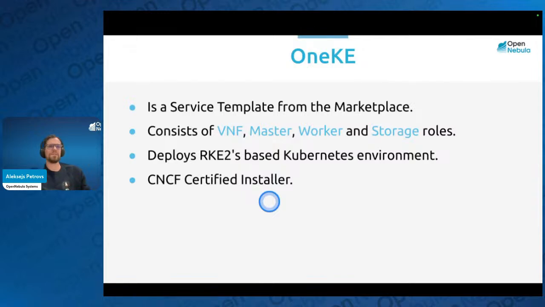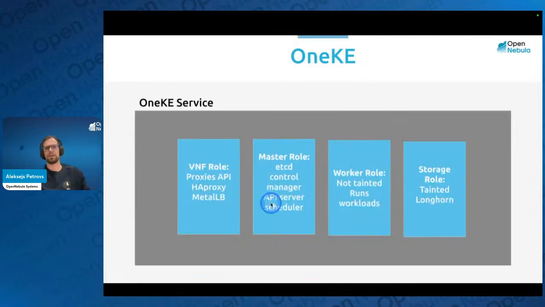The experience here is pretty much the same if you are a user, because you again just go next, finish, and you get the Kubernetes cluster. Everything else is controlled by OpenNebula under the hood. And the idea of OneKE is that you're not only running a Kubernetes cluster, but you're also getting that managed Kubernetes instance experience.